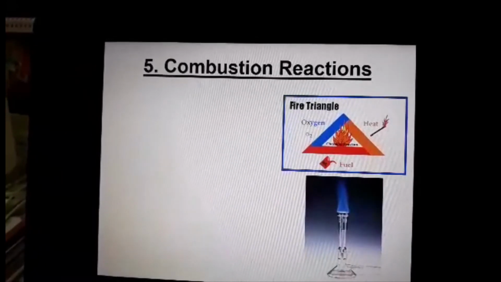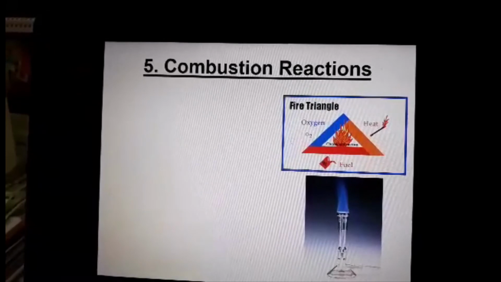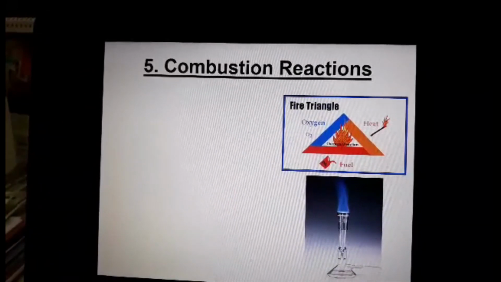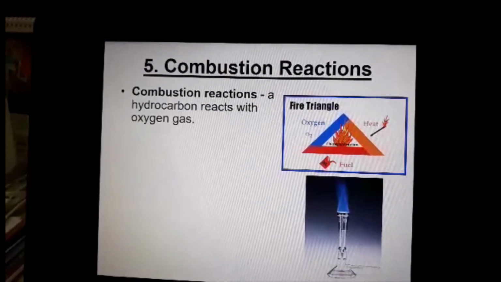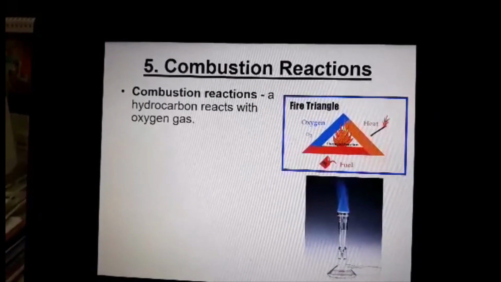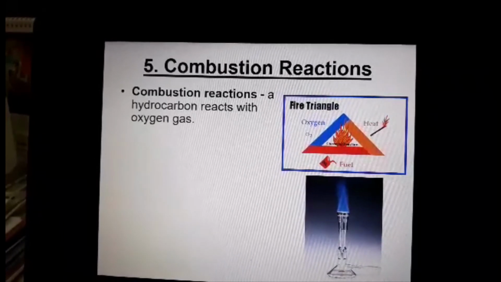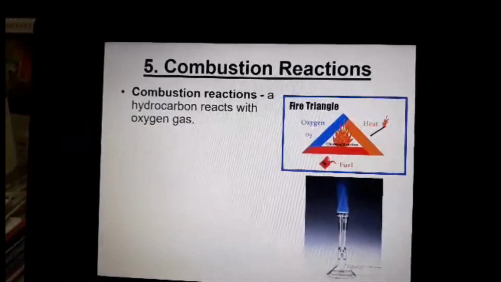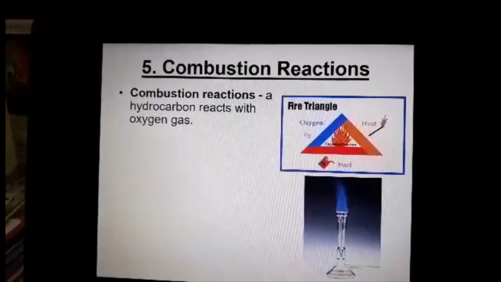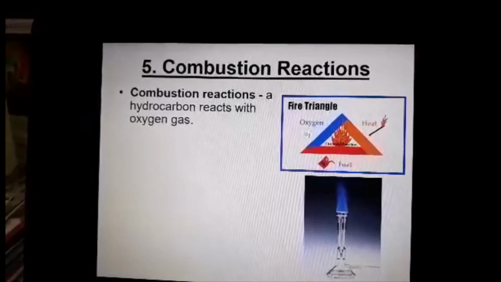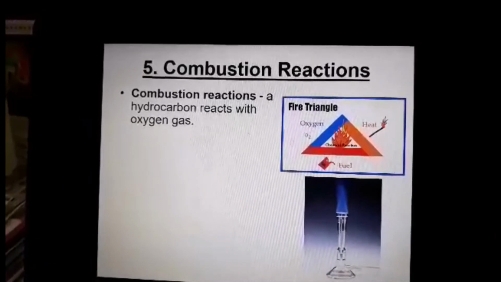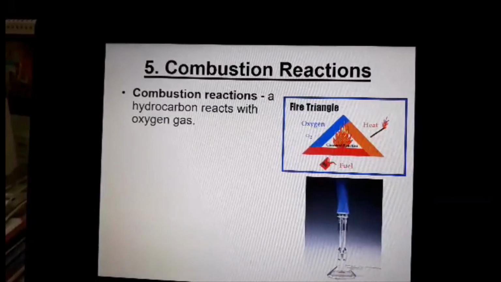So we move on to the last type of chemical reaction, which is the combustion reaction. In the combustion reaction, a hydrogen or hydrocarbon compound reacts with oxygen gas. So we will be dealing with hydrocarbon compounds, like CH4, C2H6, C3H8. It always reacts with oxygen gas.